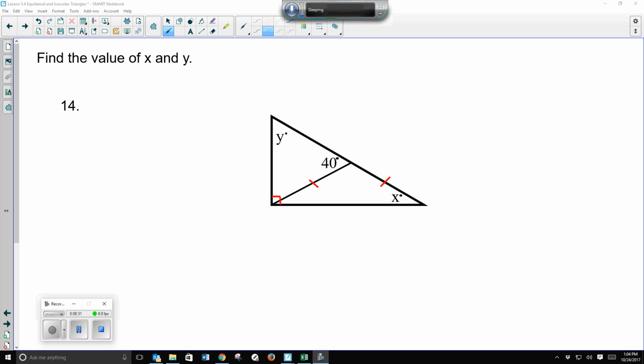Couldn't she set y and 40 equal to 90? Now this triangle with y and 40 in it is not a right triangle. But we know this is a 90-degree angle, but 40 is the only other angle we know the measure of. When you have the angle x, wouldn't that be congruent to the other one, not the right angle?